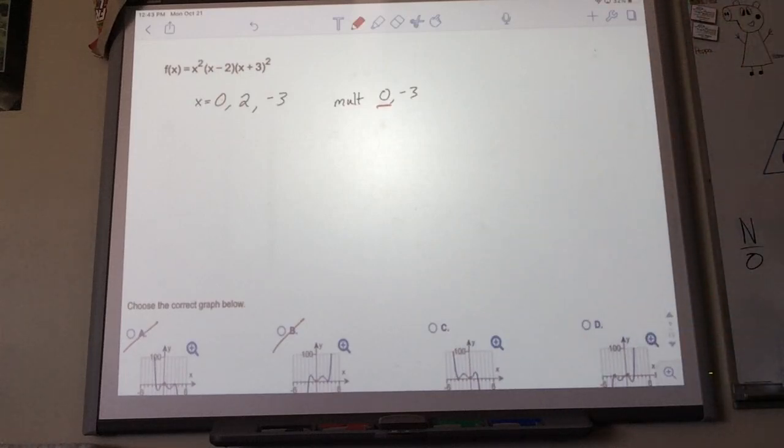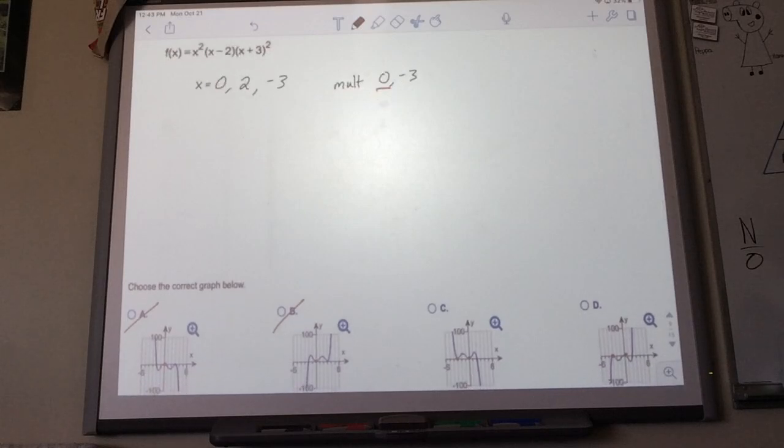So if you ended up FOILing this, it would end up being an odd degree. Okay? So you have to just be careful about that. So instead of just guessing, we need to check a point. So if I plug in on this interval, -∞ through 0, okay, on that interval, I'm going to plug in a -4.